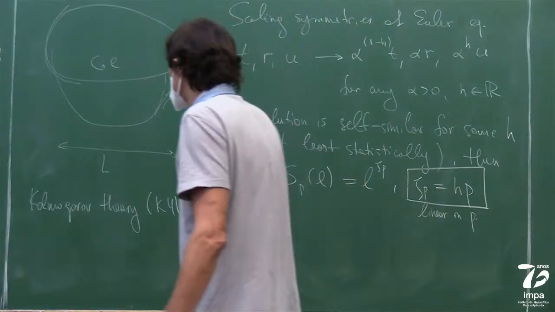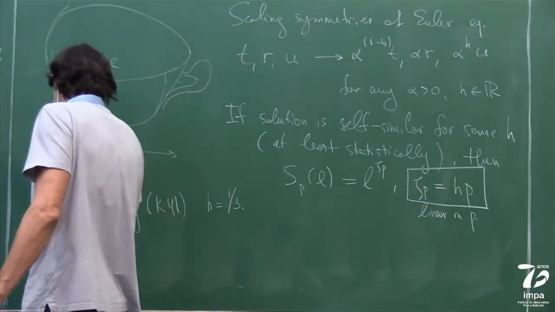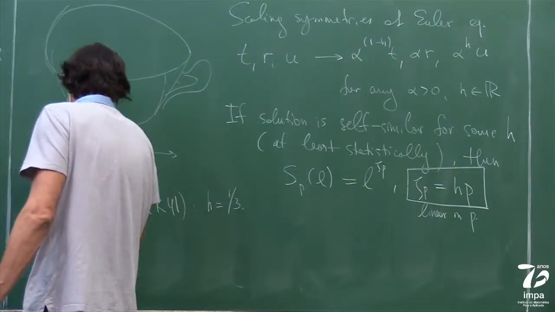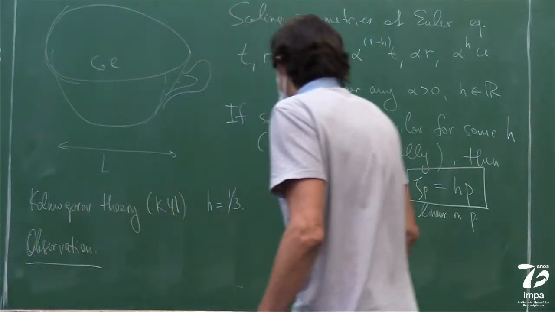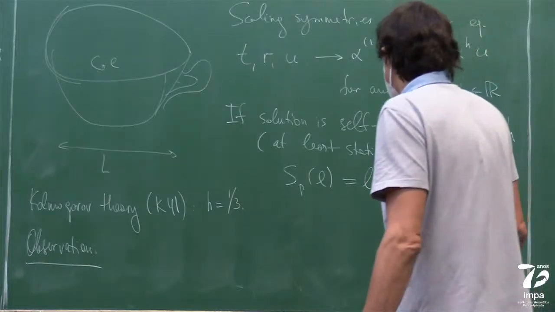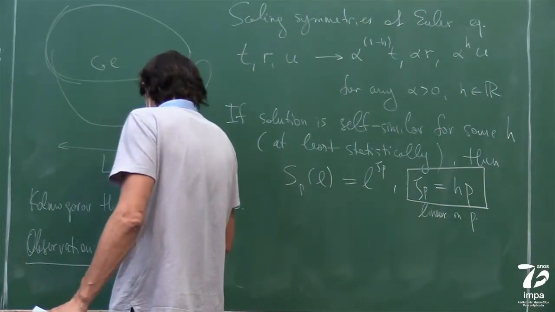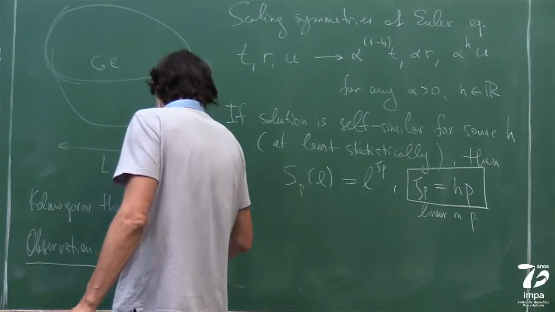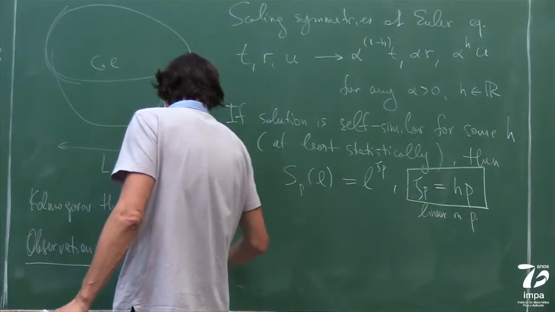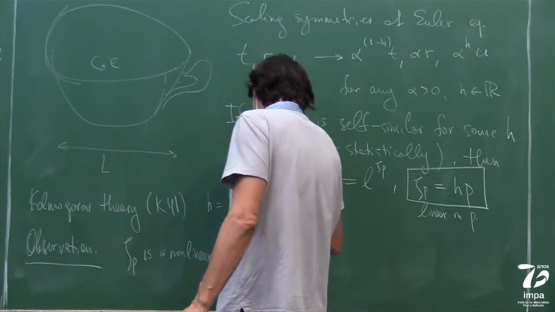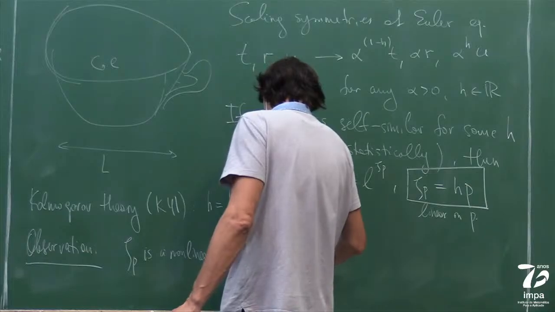This is not true because observation, both numerical and experimental, clearly tells that zeta p is a nonlinear, concave function of p.